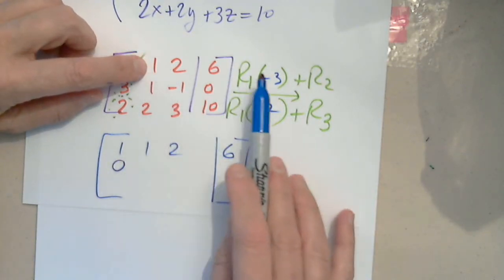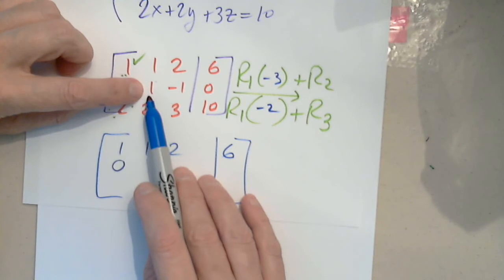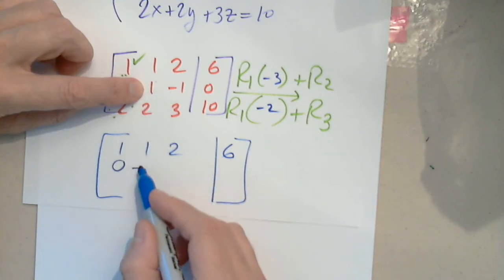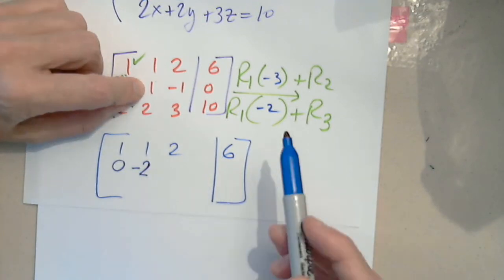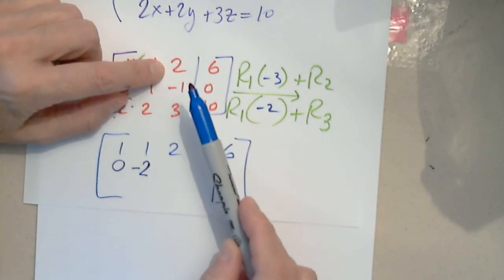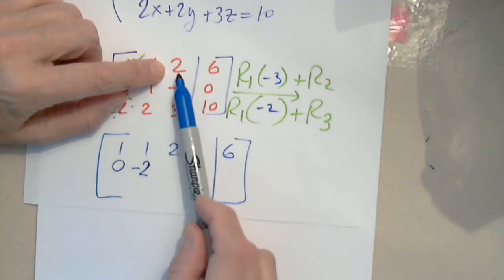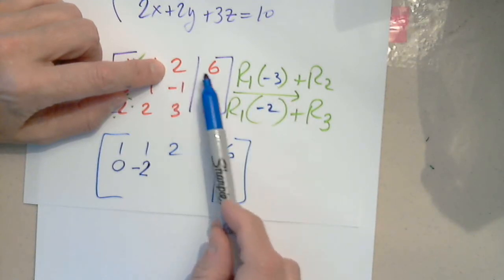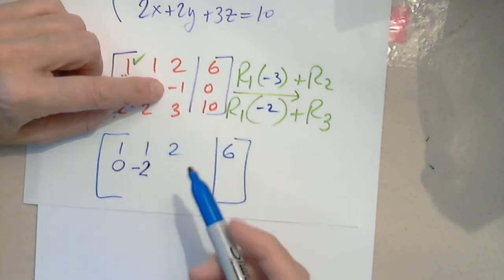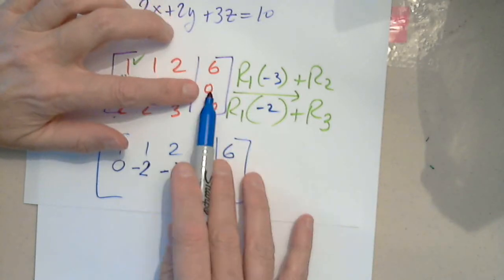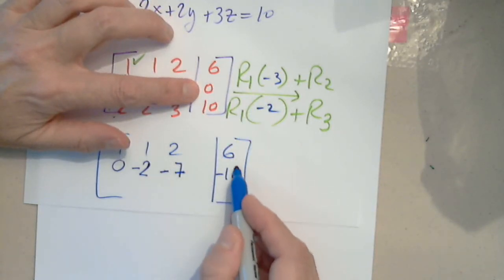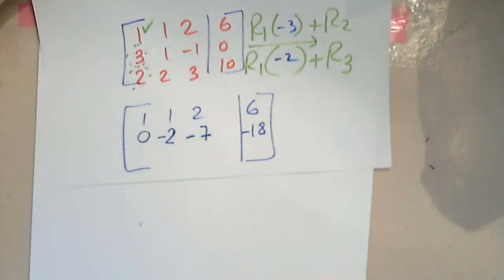Yes. 1 times -3 and -1 will be -4, -2, excuse me. No problem, I'm checking myself also. So 2 times -3 is -6 minus 1, -7. And -18 plus 0 is still -18. Ugly.